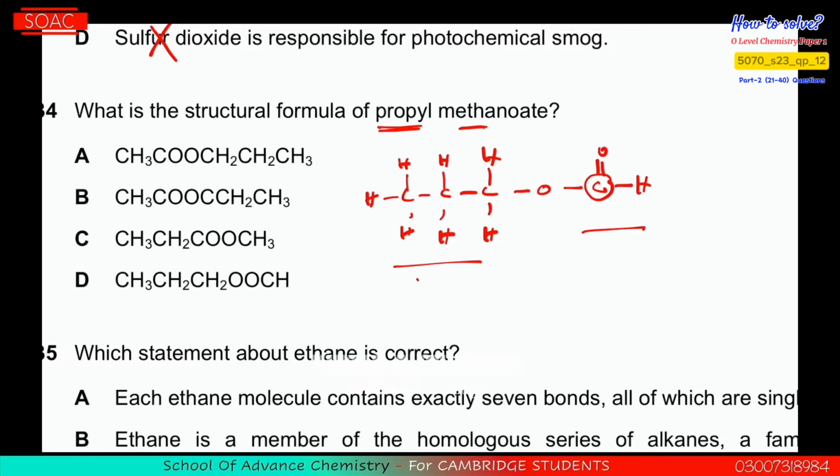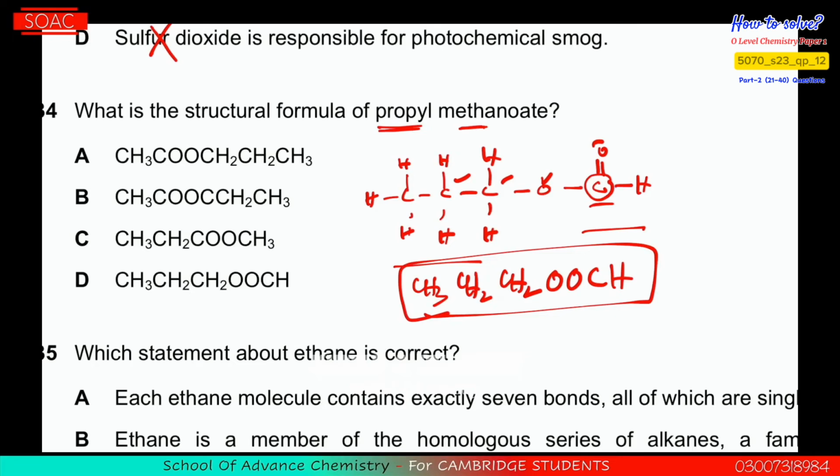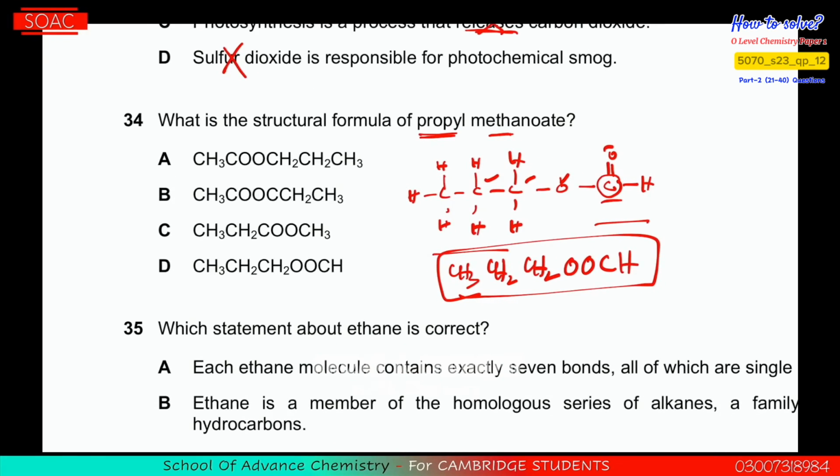I can write it like that: CH3, then CH2, then again CH2, then oxygen, oxygen, then carbon and hydrogen. So this is the structure formula of propyl methanoate, and the correct option is D.